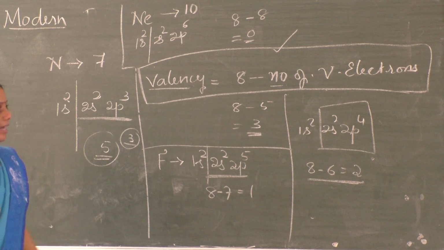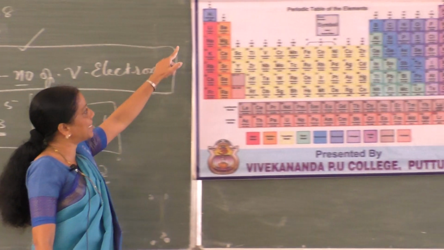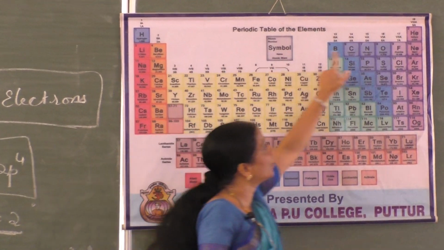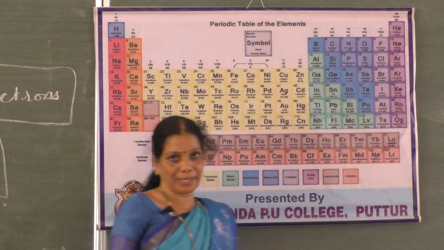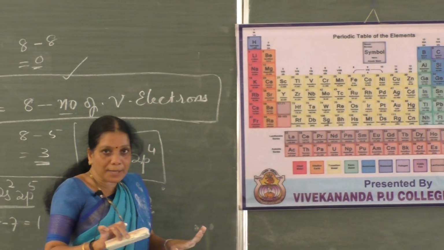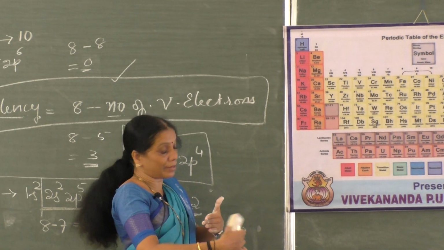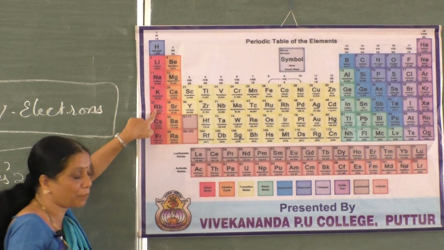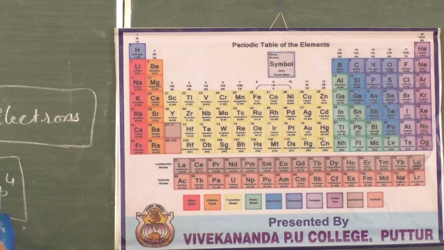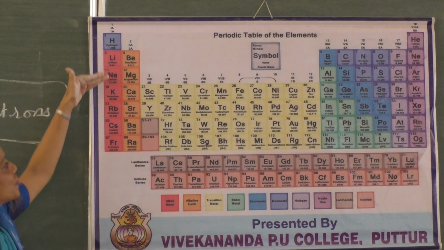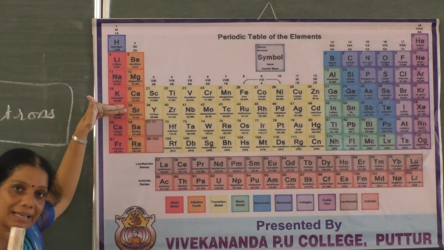We have studied the variation of valency as we move from left to right in the periodic table. It is the same explanation, a concept that repeats. If you consider the third period or the fourth period or the fifth period, you can observe the same valency or valence electrons in the groups of the particular period.